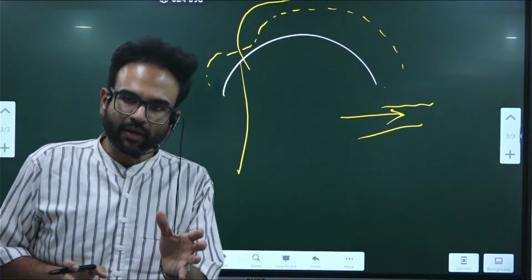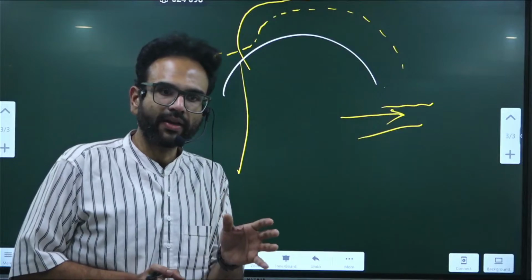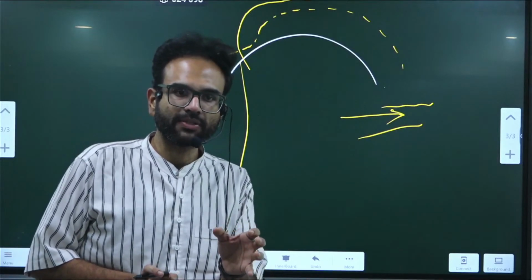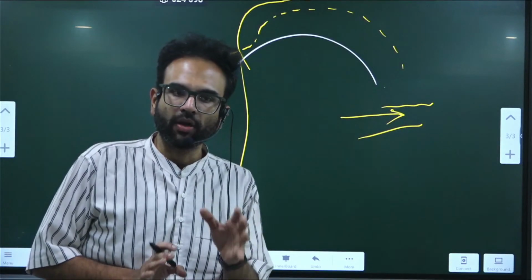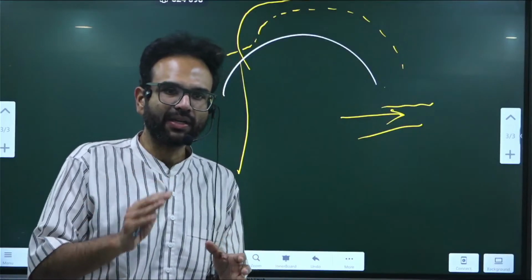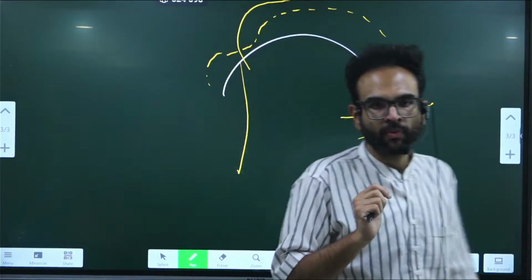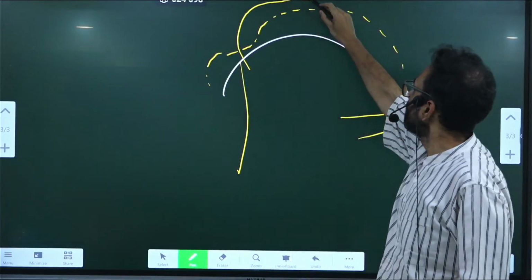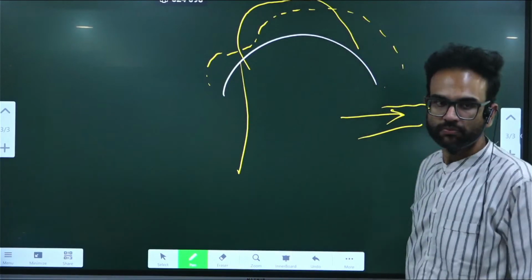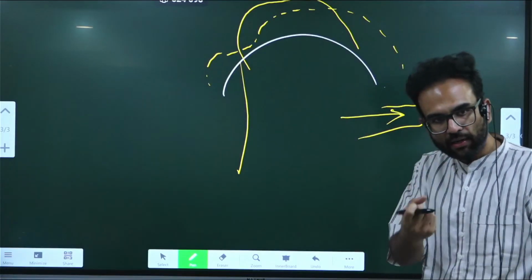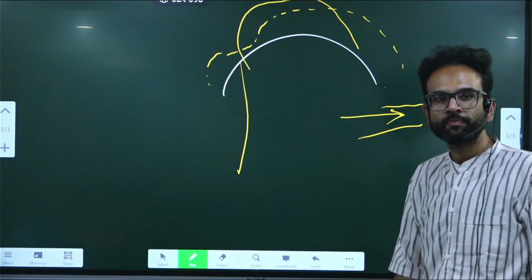From there, you don't really have to worry about the speed of the missile, because gravity takes control. After a point of time, the rocket has to fall down because it will be pulled back by gravity again.